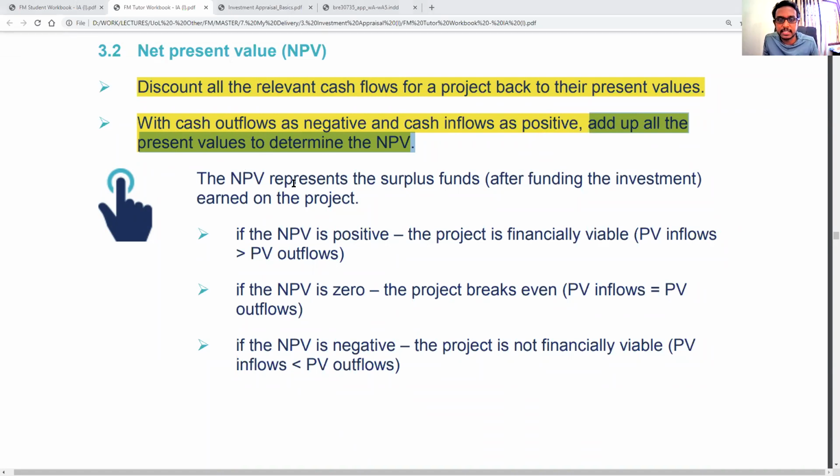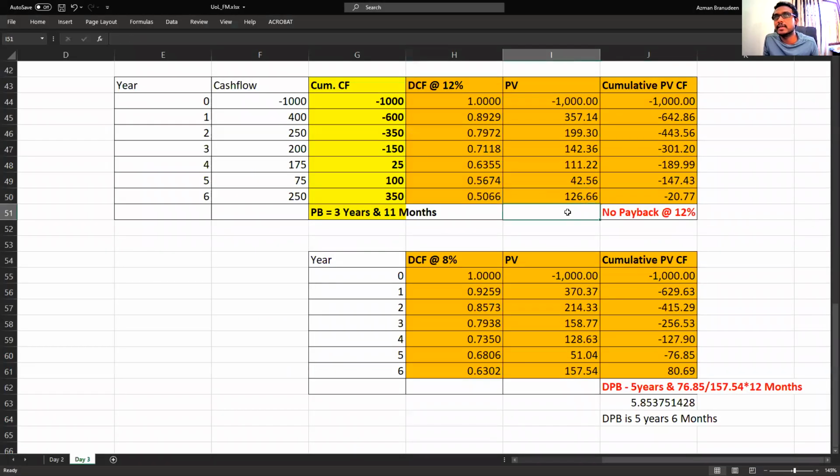So in this project, whatever that calculation we did, the NPV is simply the sum of all this. You will notice the NPV at 12% is minus 20. The NPV at 8% is 80.